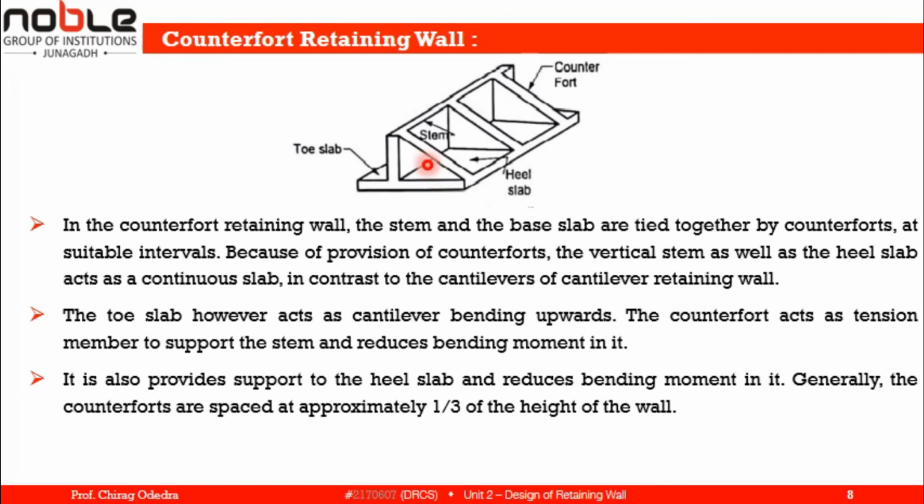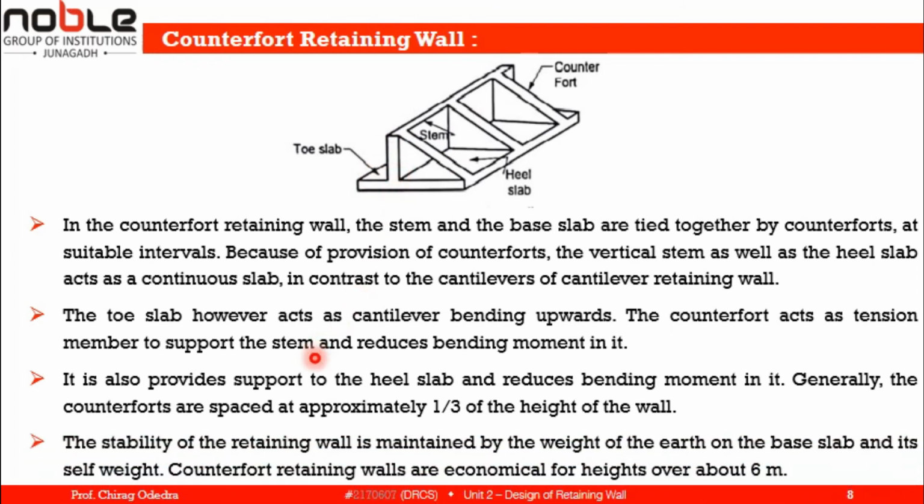Generally the counterforts are spaced at approximately 1 by 3 of the height of the wall. So the distance between these two will be H by 3, where H is the height of the retaining wall. The stability of the retaining wall is maintained by the weight of the earth on the base slab and its self weight, similar to the case of a cantilever retaining wall.